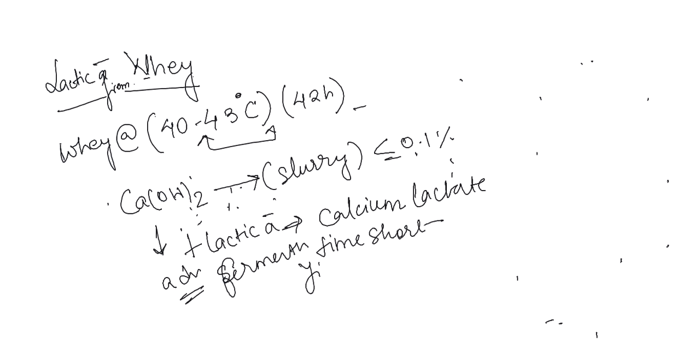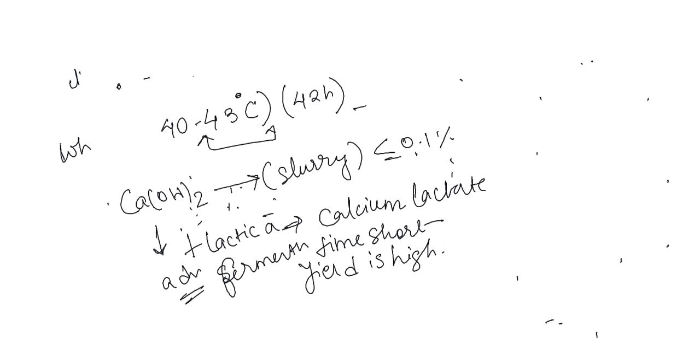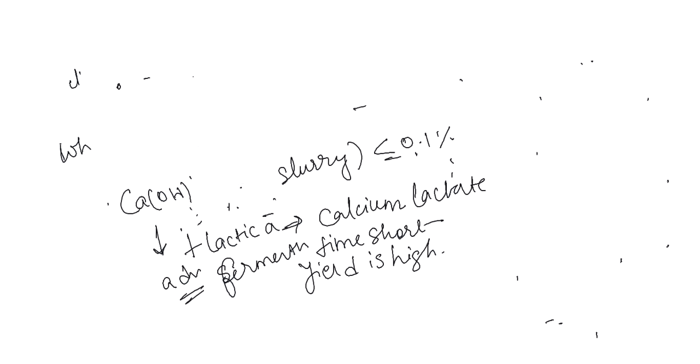That means we are taking the whey, adding calcium hydroxide in the slurry, and along with the lactic acid we get calcium lactate. This is one point. Another point we can talk about.